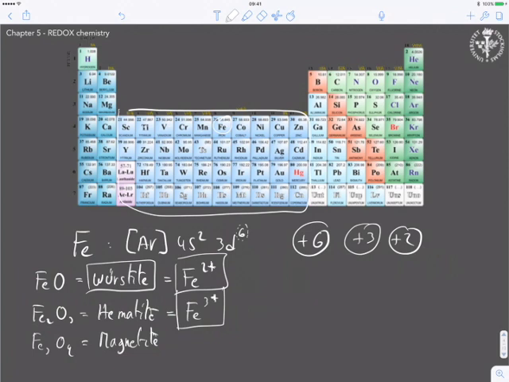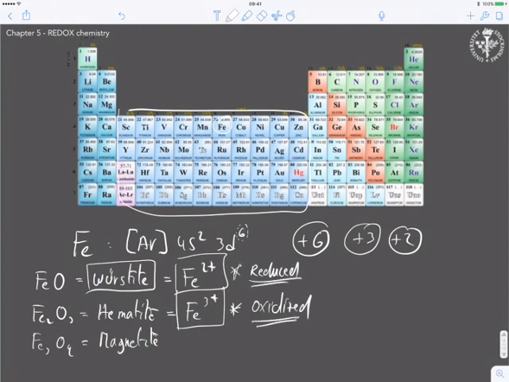Okay, so if we stop here, in those molecules, both irons are oxidized by the oxygen, because oxygen will grab an electron from the cloud of electrons of the transition metal. But this one has less electrons than this one. So this one is more oxidized than the other one. So this one is what we call a reduced form of iron.